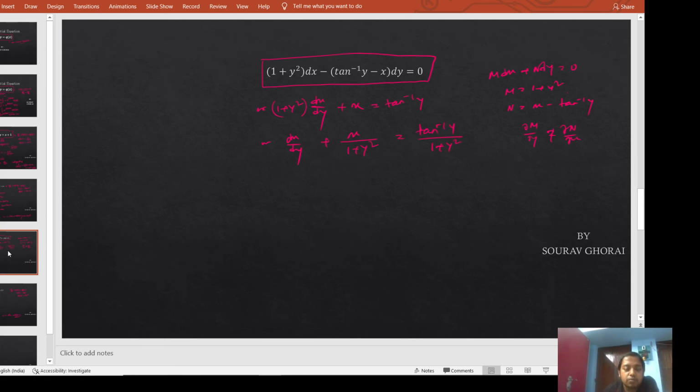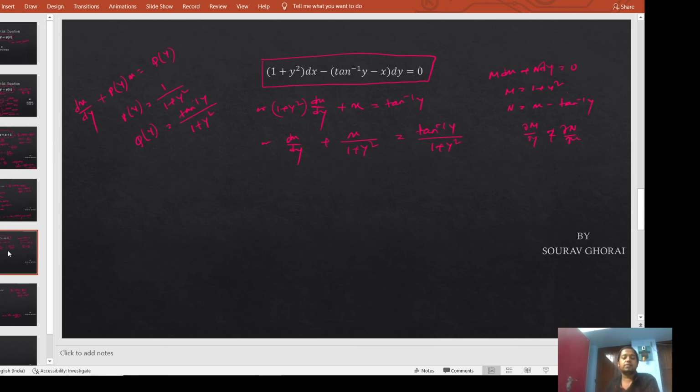Now if we compare it with one type of linear differential equation, dx/dy + P(y)x = Q(y), we see that P(y) is 1/(1 + y²) and Q(y) is tan⁻¹y/(1 + y²).